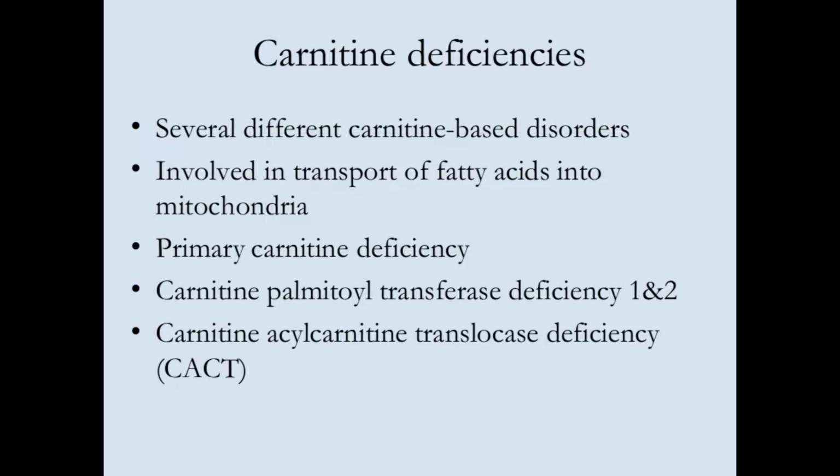Carnitine deficiencies are not considered fatty acid oxidation defects, but essentially result in the same issue of hypoglycemia and inability to mobilize glucose in periods of illness. So the carnitine helps transport into the mitochondria, and you can have a whole bunch of different ones. So primary carnitine deficiency, CACT is very rare.